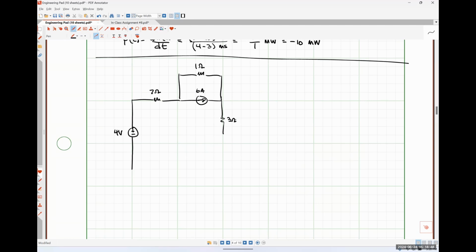Here's a 3-ohm resistor, a 2-volt source, and then over here we have a dependent source that is 0.4 Ix.